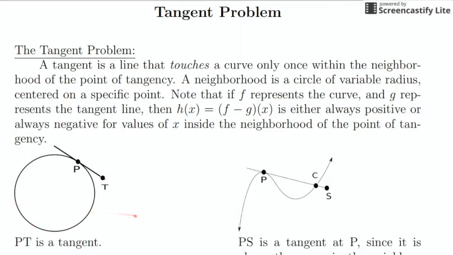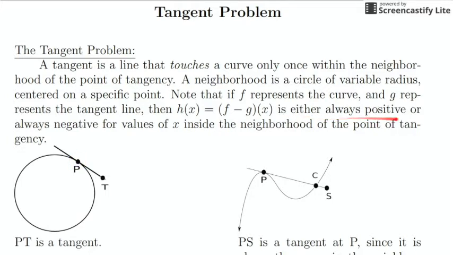So if this is my x-axis right here, so here's my y-axis, here's my x-axis, every value of x in this neighborhood, every value of x they plug in here, when I evaluate f minus g, circle minus the line, the result's going to be negative. Except for possibly at that point of tangency where it would be 0.